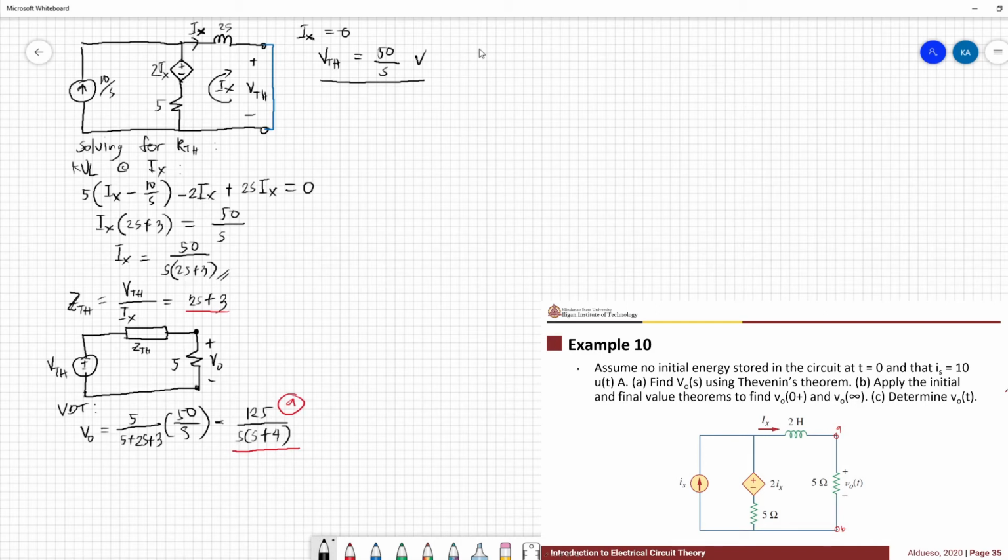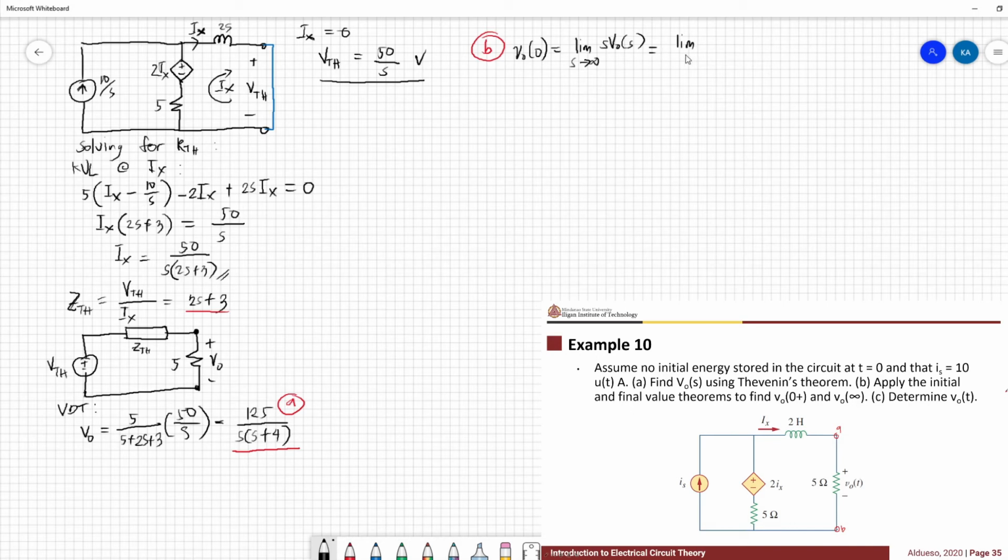Now for letter B, apply the initial and final value theorems to find Vo of 0 plus and Vo of infinity. So for the initial value, Vo of 0 is equivalent to the limit of s Vo of s as s approaches infinity.